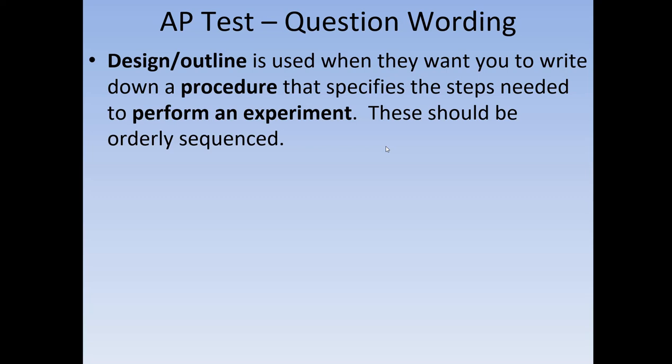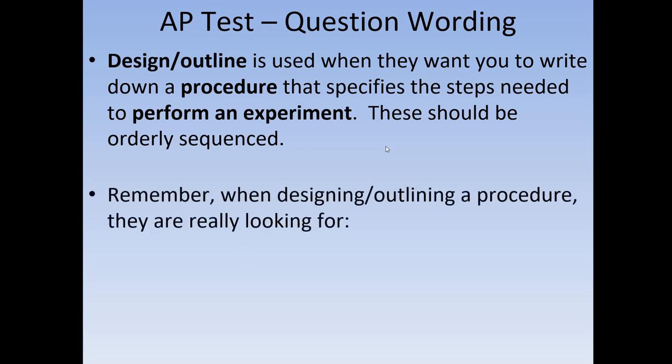Design and outline is the phrasing that they use when they want you to end up coming up with a procedure for some sort of experiment. So this is your designing experiment type setup. They want you to do it in a somewhat orderly way so that someone can read your passage and then perform this experiment.